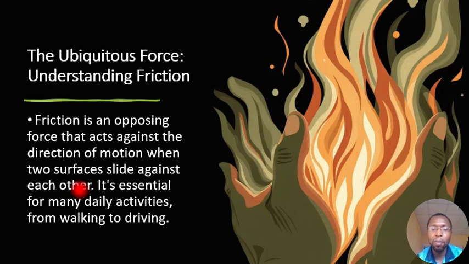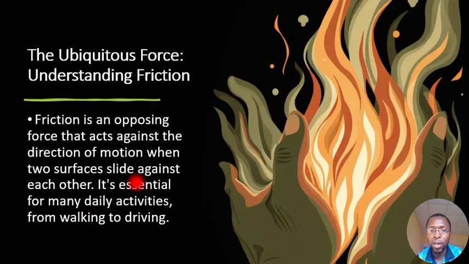So it's very key. There must be two surfaces sliding against each other before friction can occur. Now the work of the friction there is to prevent that sliding from continuing, okay, so that eventually it will stop it.